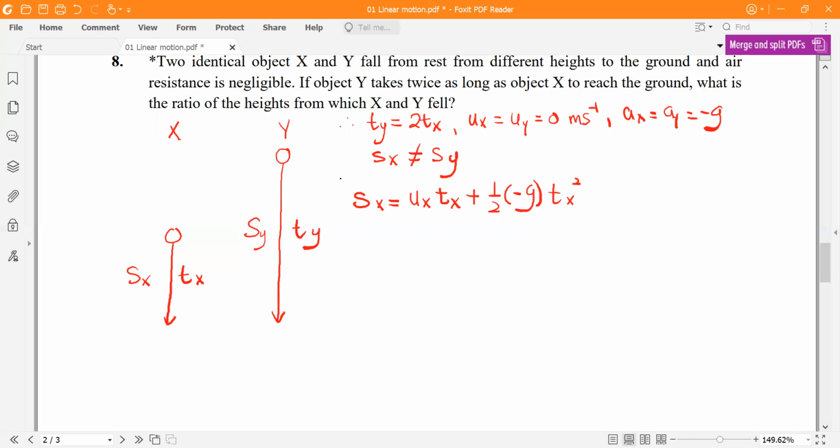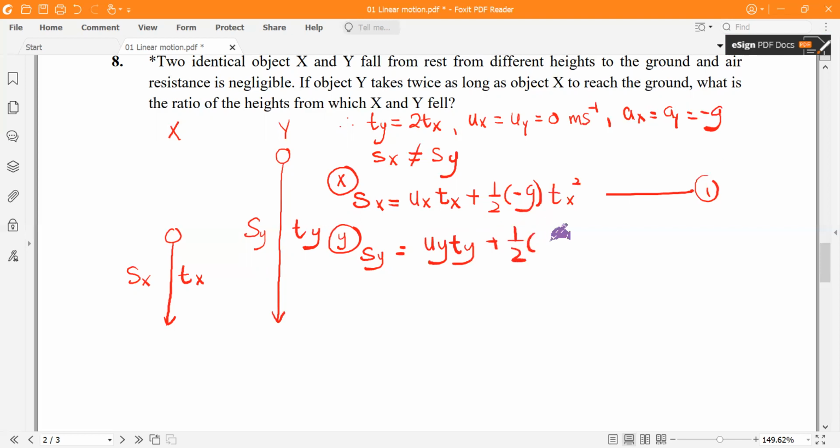This is equation 1. Then for object Y, I have Sy equals Uy Ty plus half minus g Ty squared, equation 2.